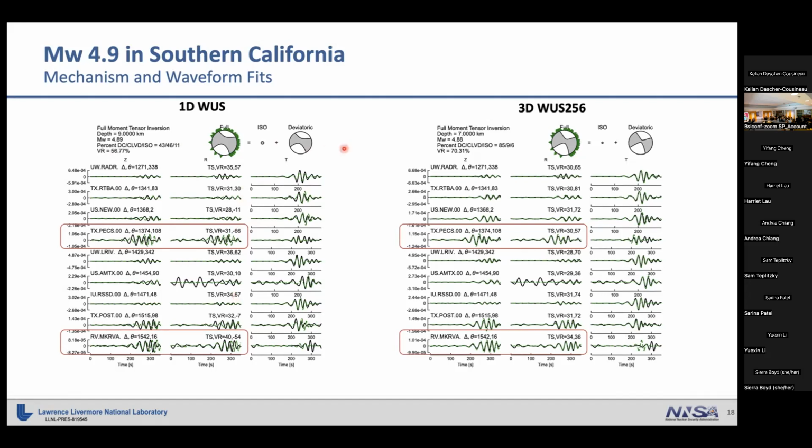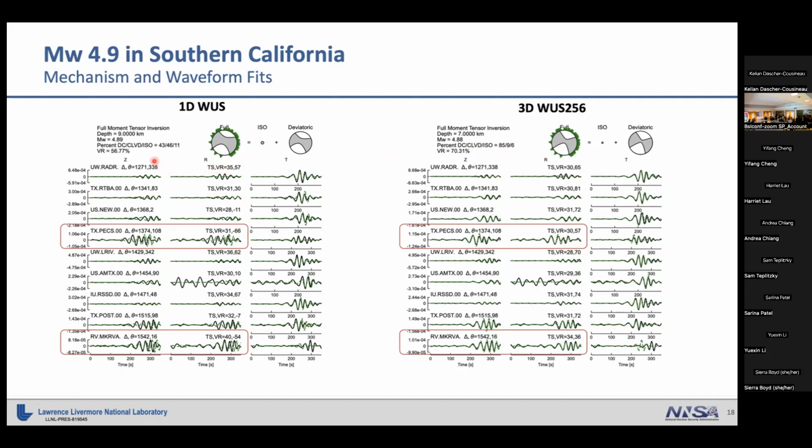So the mechanism did not change too much, although what we like to see with the 3D model is that for an earthquake, it becomes more double couple. That's the assumption: if you capture all the structural heterogeneity, you don't map that into the source.